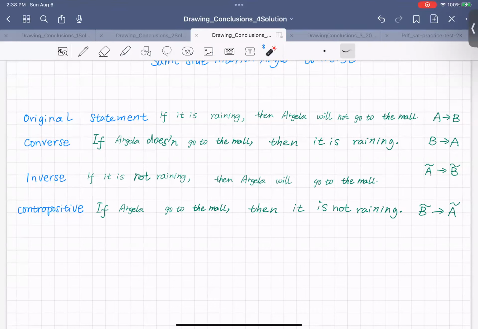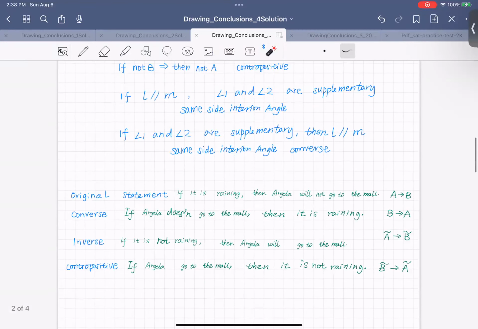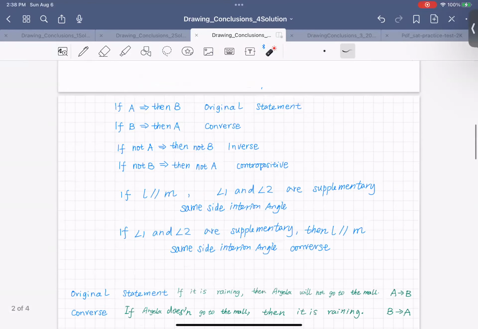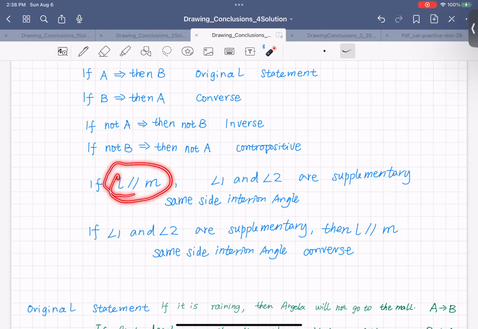All right. So when we see this, the original one and the converse one, when we come back to see long time ago, look at this. If we see line L parallel to line M, then angle 1 and angle 2 are supplementary. We say, oh, this is same side interior angle.